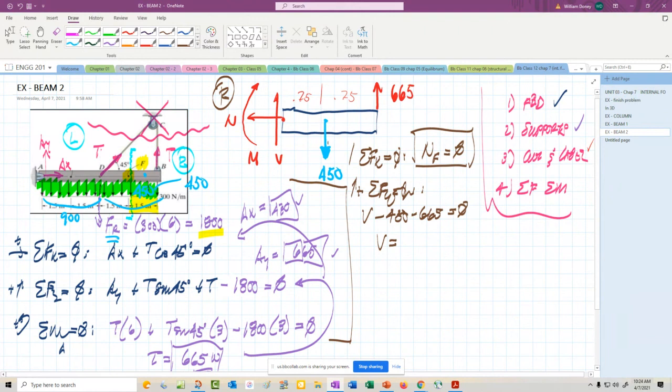What do I have here? Shear up minus 450. Oh, that should be a plus 665. Sorry. That should come out to be 215 with units.